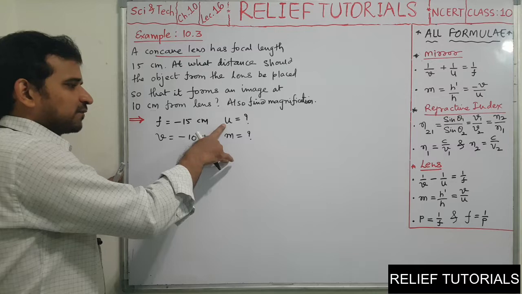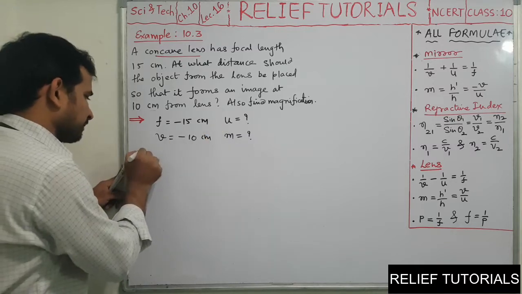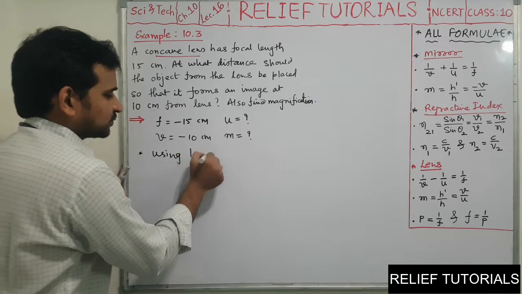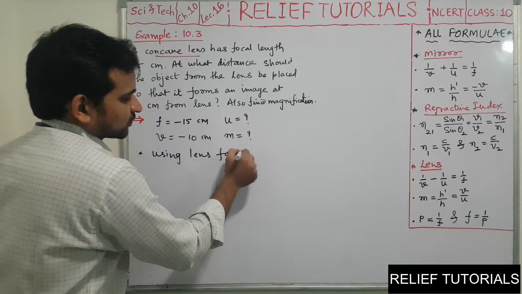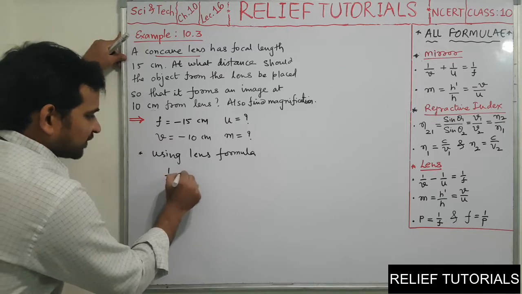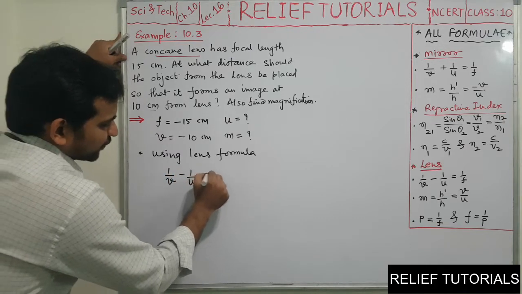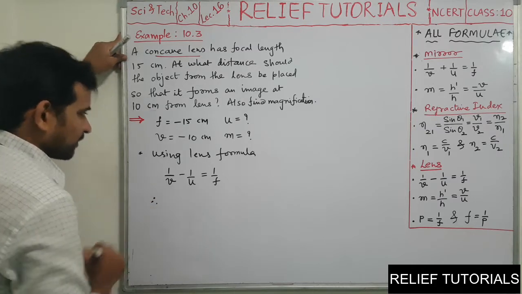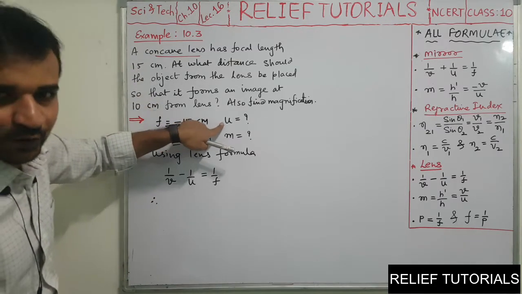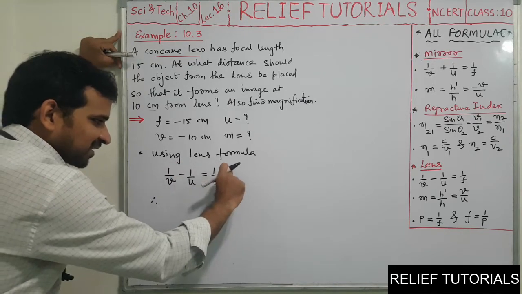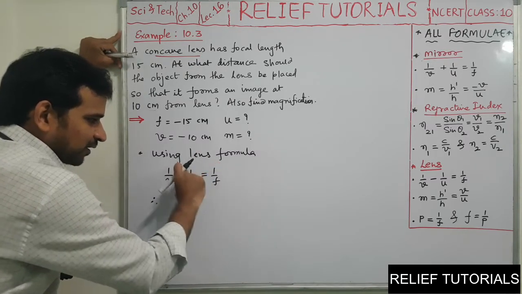U you can find with the help of lens formula. Lens formula: 1 by V minus 1 by U is equal to 1 by F. Therefore, what is missing here? U is missing. So you can take this minus 1 by U on the right hand side and 1 by F on the left hand side.